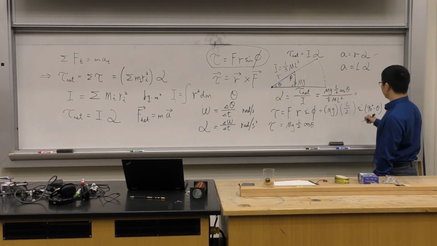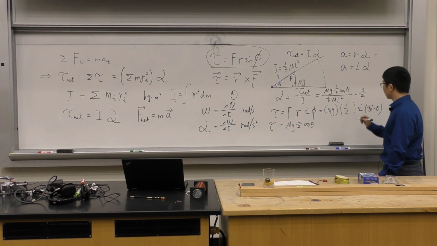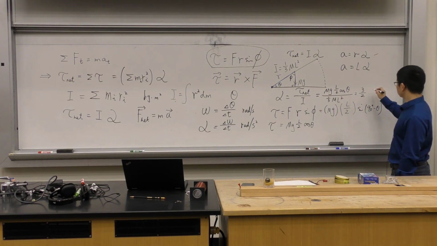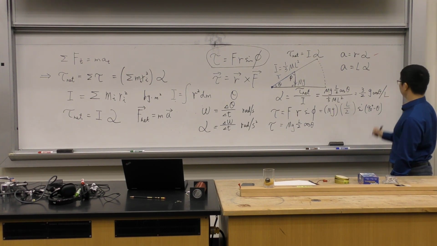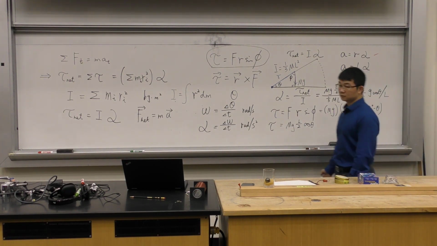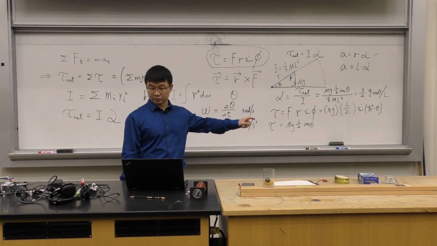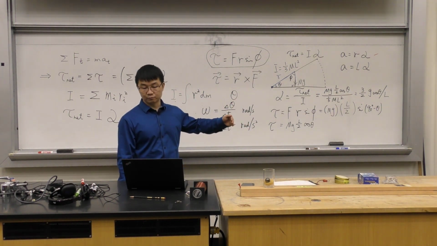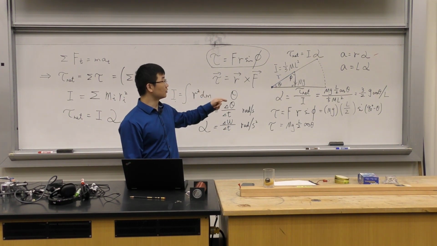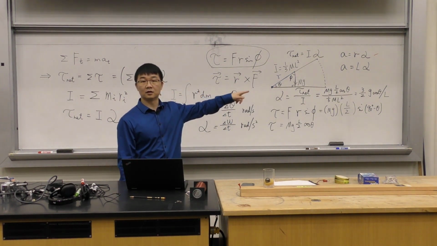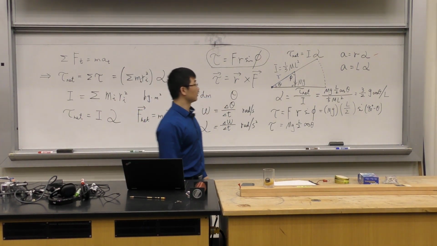Now you see that, what do you get? You will get 3 halves and then g cosine theta over L, right? And don't forget, this is the angular acceleration. How do I find the linear acceleration? You're going to multiply that by L, by the radius of that point.